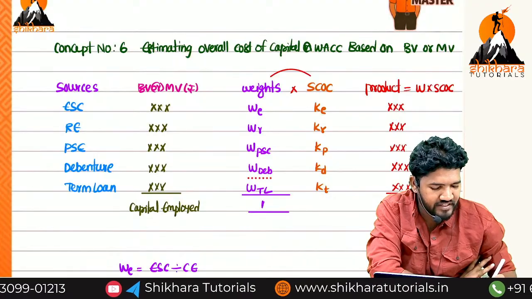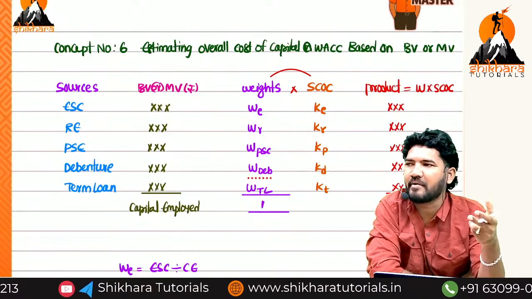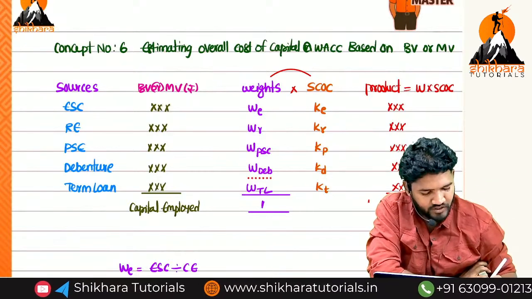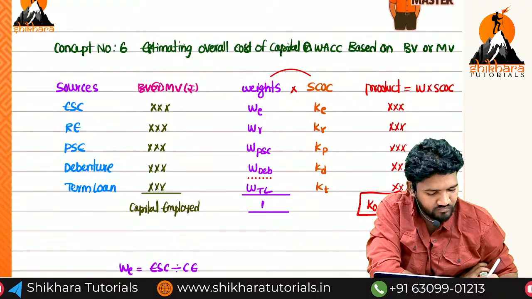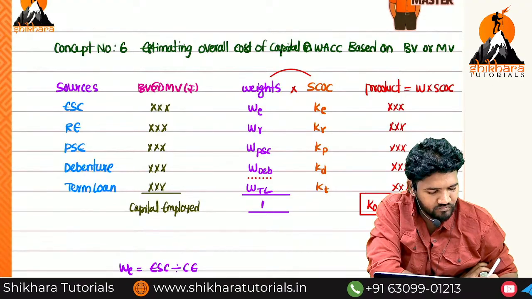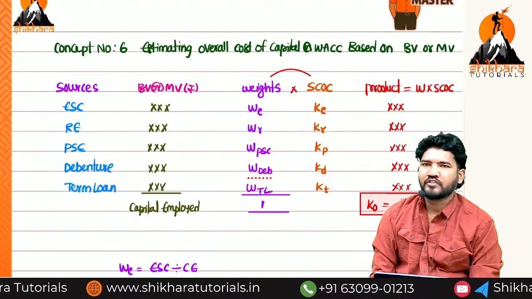The summation is nothing but the weighted average cost of capital. That is nothing but WACC. It is denoted with KO. Are you guys clear?